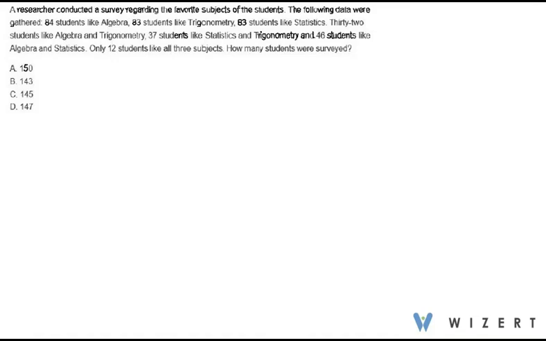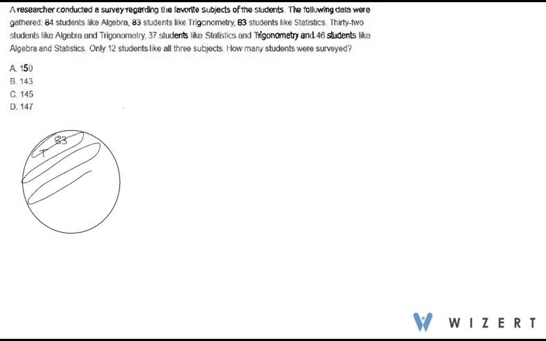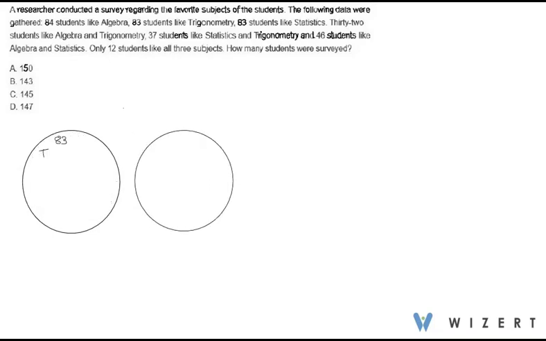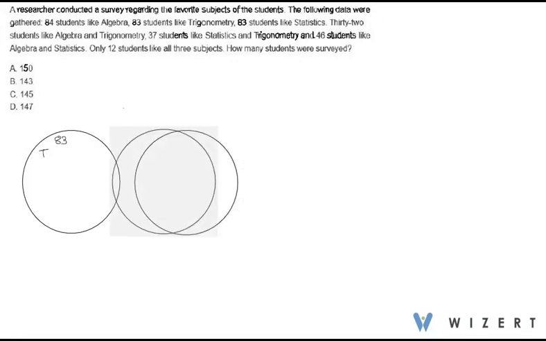Now, in order to solve this question, let's try to put this given information in a Venn diagram. Let this be the representation of 83 students who like trigonometry. So 83 trigonometry. Now this means that this entire circle is representing 83 students who like trigonometry. Now let this be the representation of 84 students who like algebra.